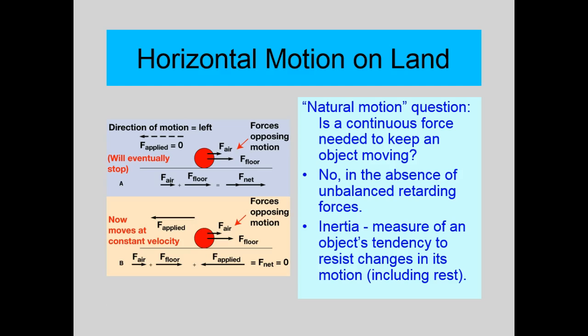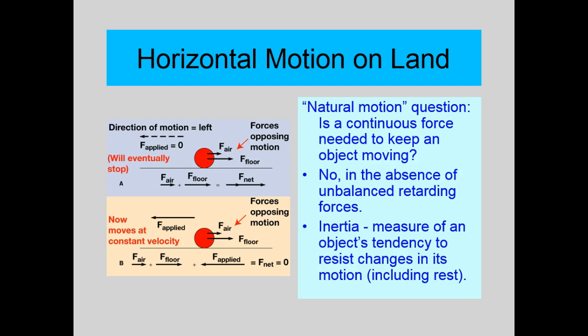Now, if the lane were really, really long, eventually that ball is going to stop. And why is that? Because once the bowling ball leaves your hand, you're not applying any more force to it. But as it's rolling this way, you've got air resistance opposing that. It's a sphere, so that's not a huge amount of air resistance, but there's some.